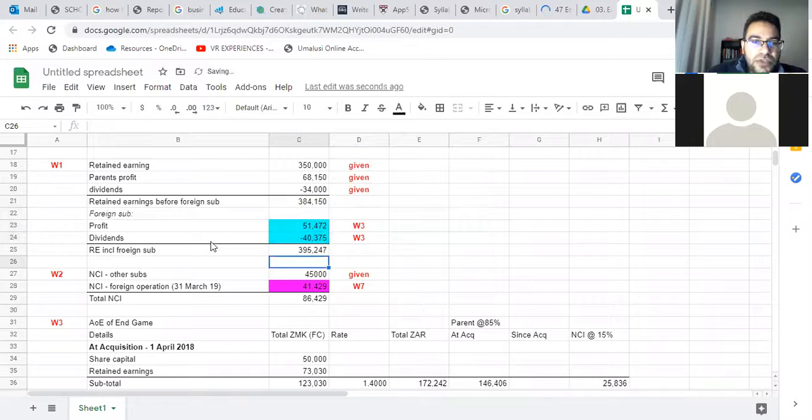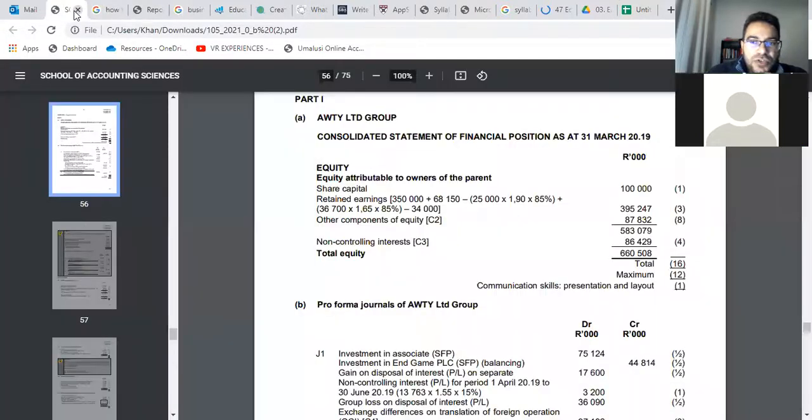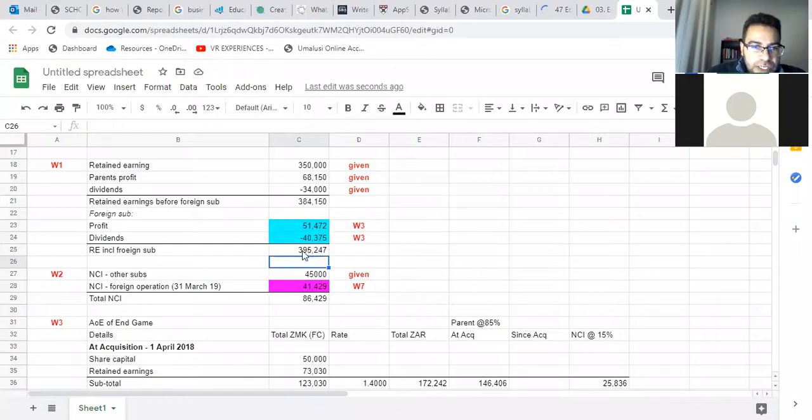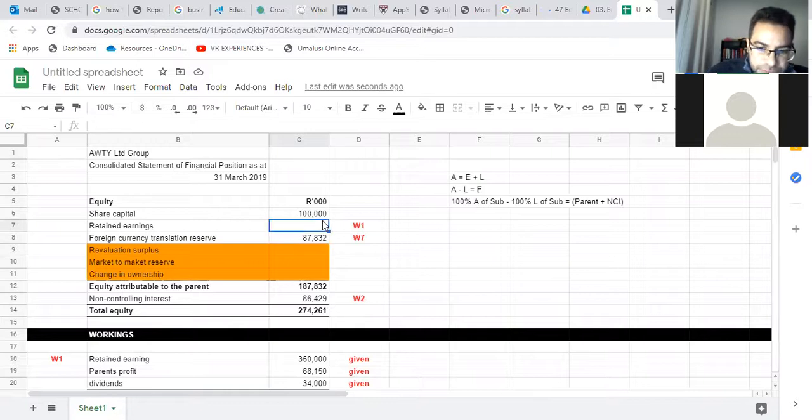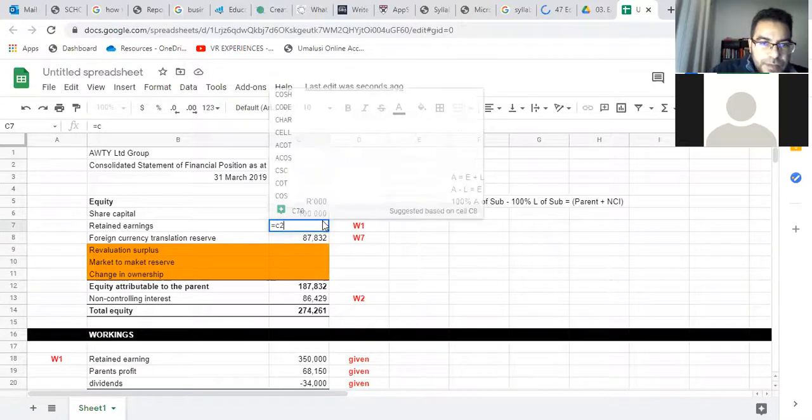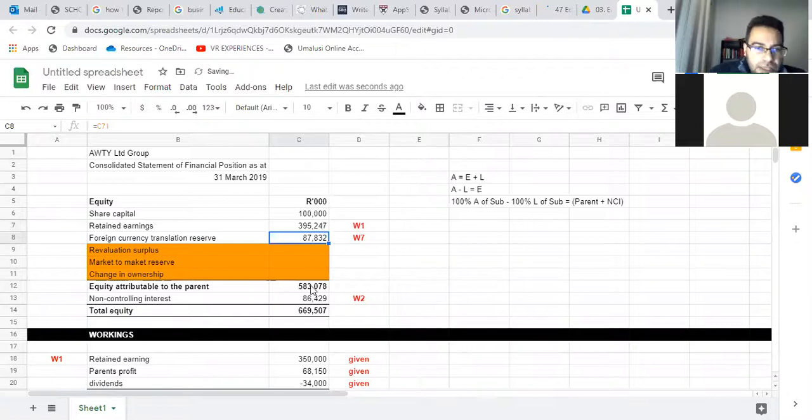So therefore it comes to 395,247. So this over here is C25. So if I go over here, C25, the parent's portion is 583, non-controlling 86. So total equity is 669,507.